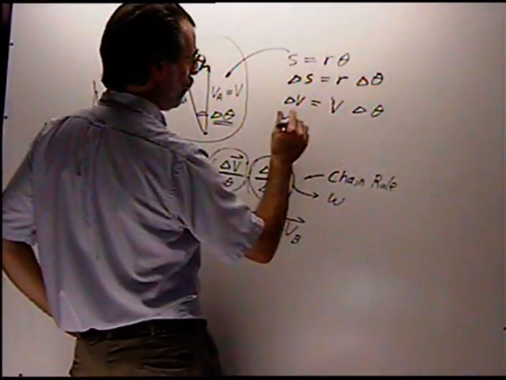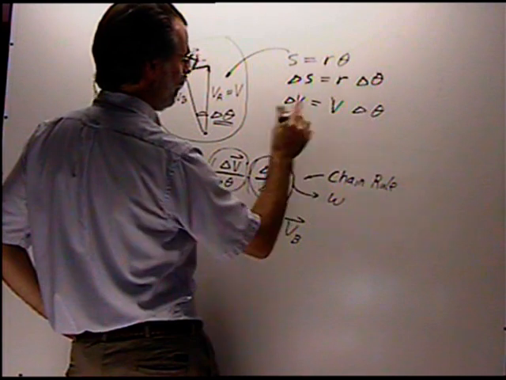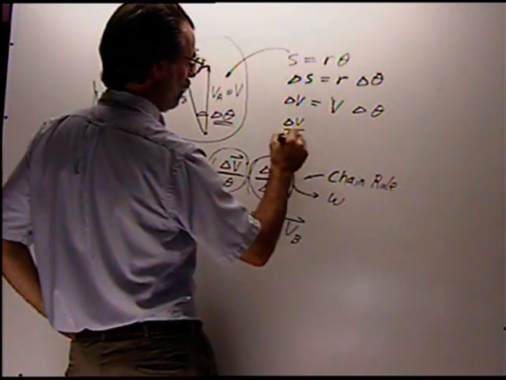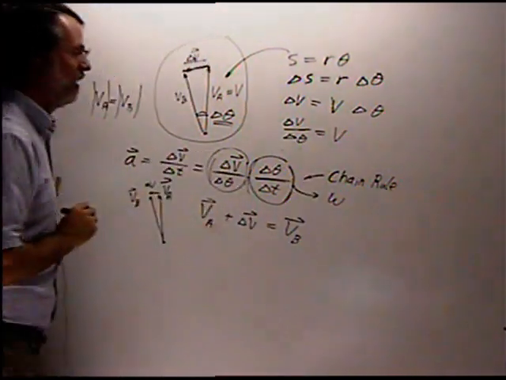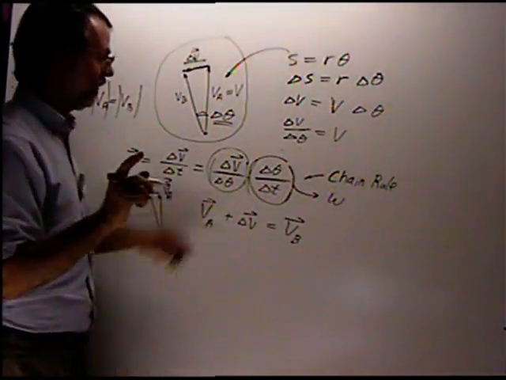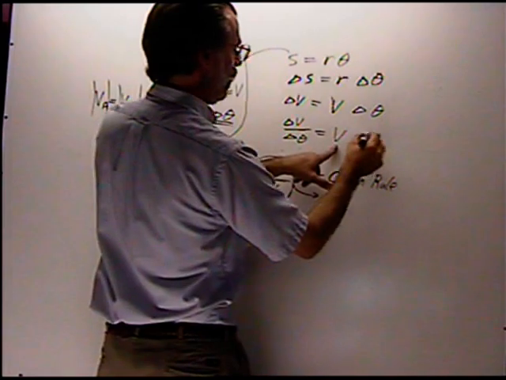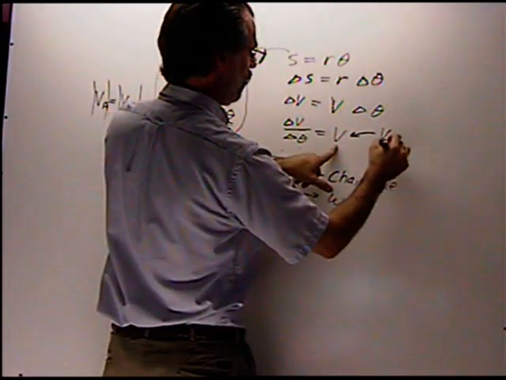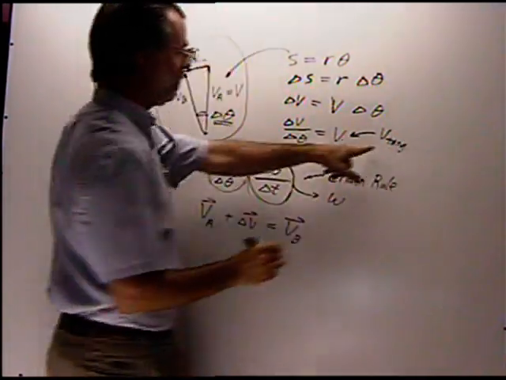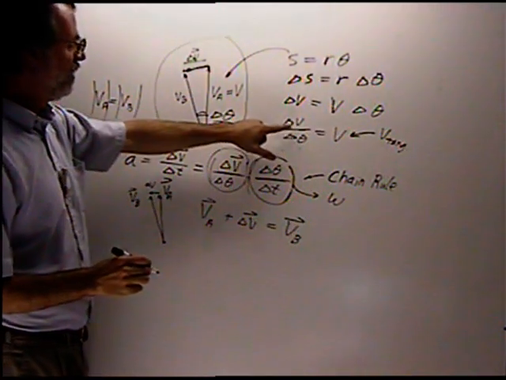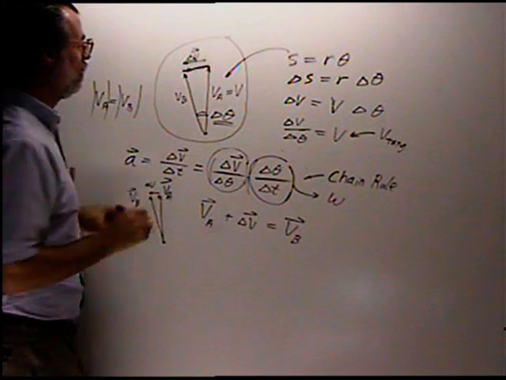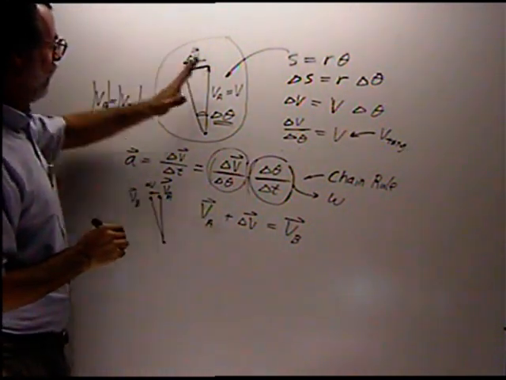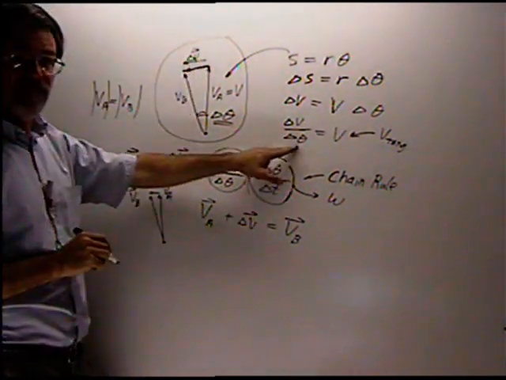I'm going to simply divide by delta theta. So we have delta V over delta theta equals V. Now let's make sure we know what we're doing. This V here is the numerical value of the tangential velocity. Delta V here refers to the small incremental velocity that happens every delta theta.